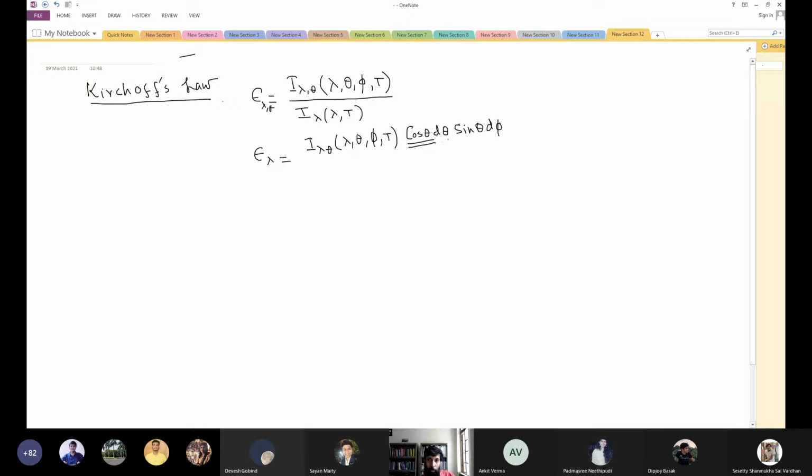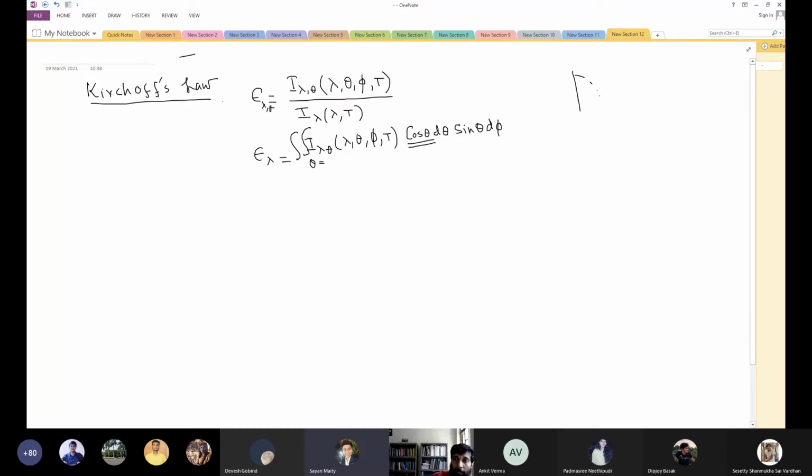If you are not sure where this comes from, just read the part where we discuss how we get the hemispherical emissivity, or any other quantity integrated over a hemisphere. This is integrated over theta equals 0 to pi by 2, because theta, I was wrong, is the azimuth angle.